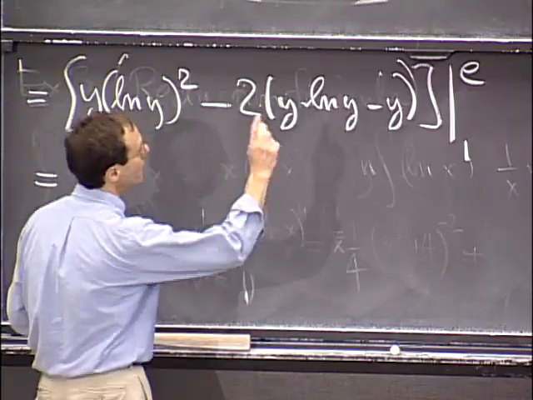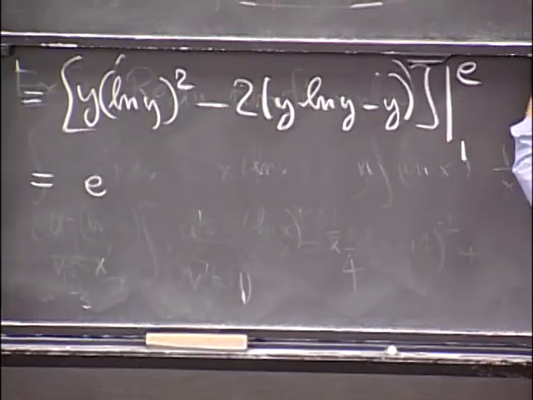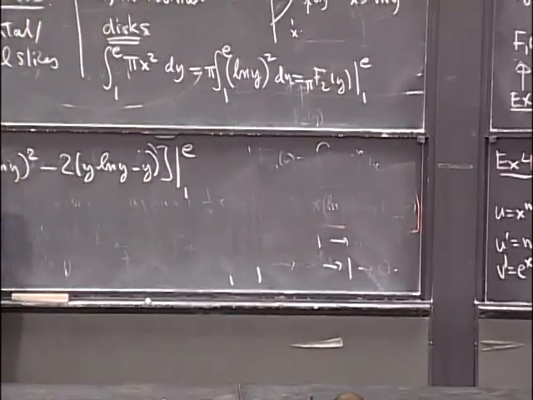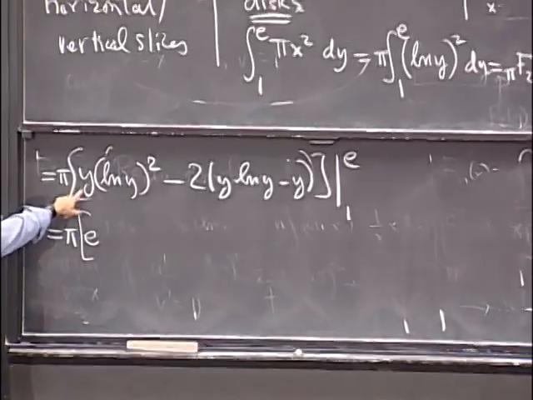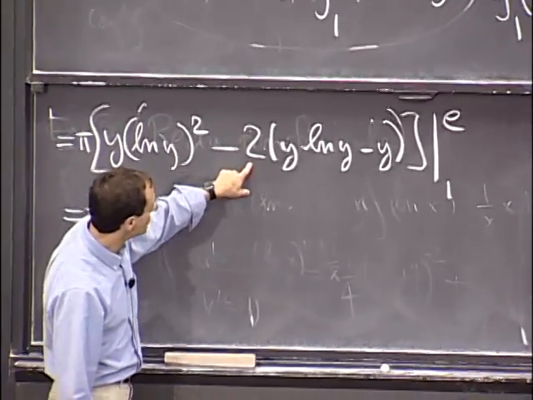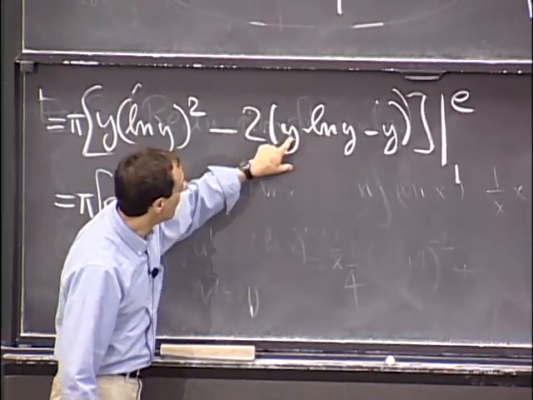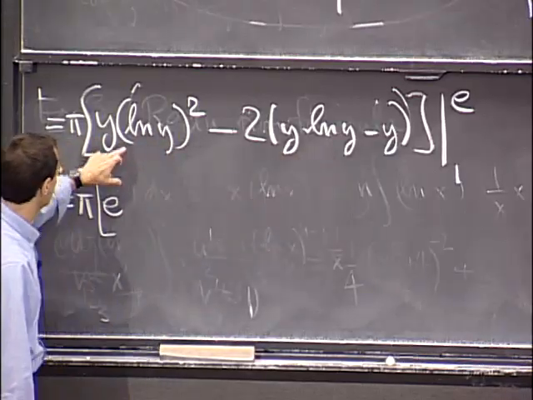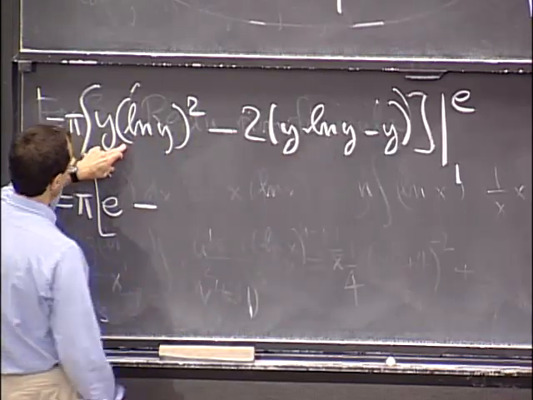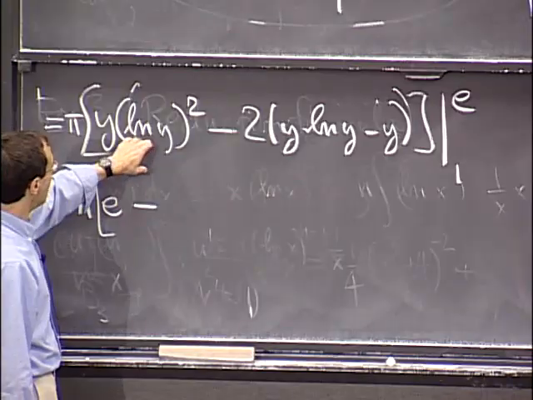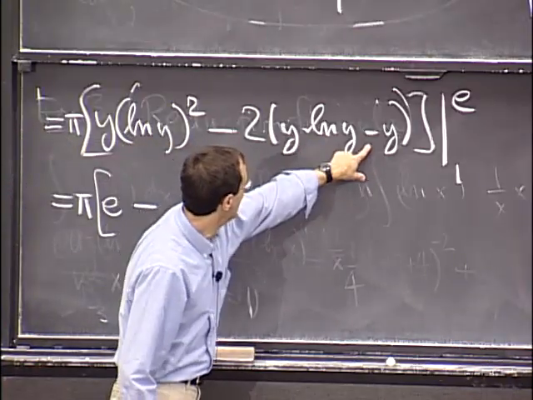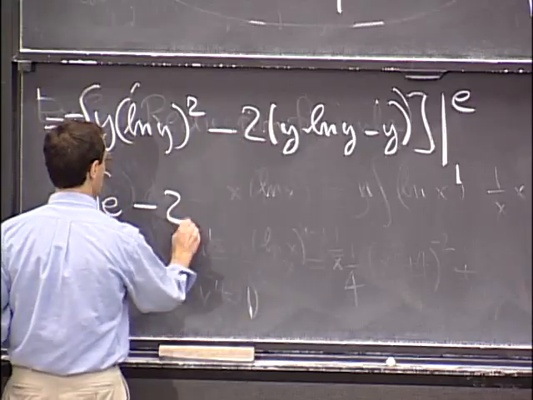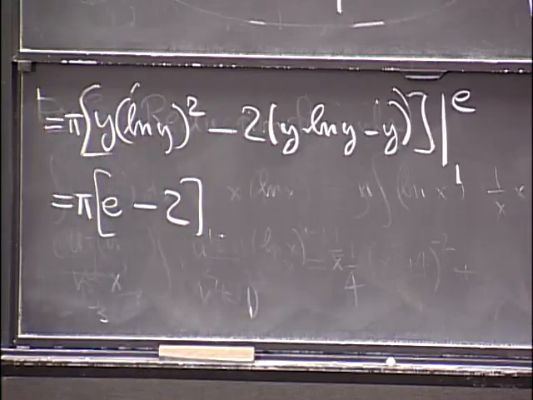Oh, except there's a factor of pi there, sorry. I missed the pi factor. So there's an e here, and then I subtract off, well, at 1 this is e minus e, so it cancels. There's nothing left. And then at 1 I get log 1 is 0, log 1 is 0. There's only one term left, which is 2. So it's minus 2. That's the answer.